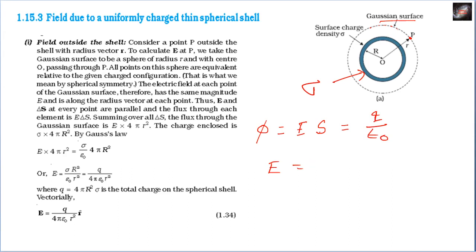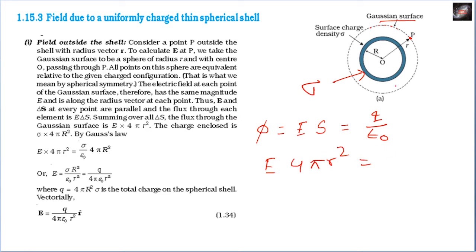Now what is the value of the surface area S? Here we consider the area of the Gaussian surface, which is a sphere of radius r. So S is replaced by 4 pi r square, which equals Q by epsilon naught.